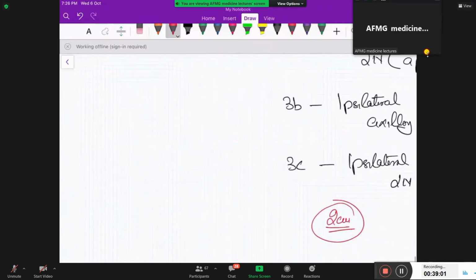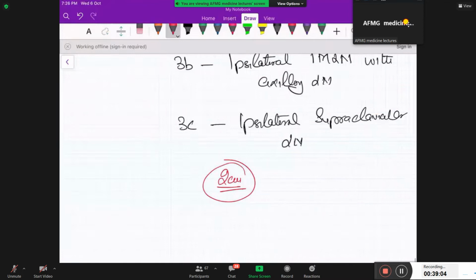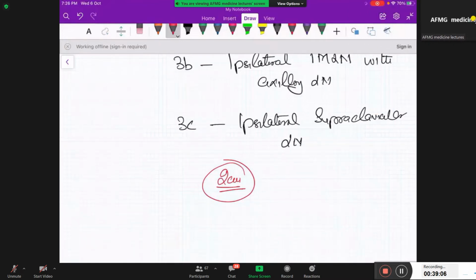Less than or equal to 2 centimeter will come in T1. Up to 5 centimeter comes in T2.